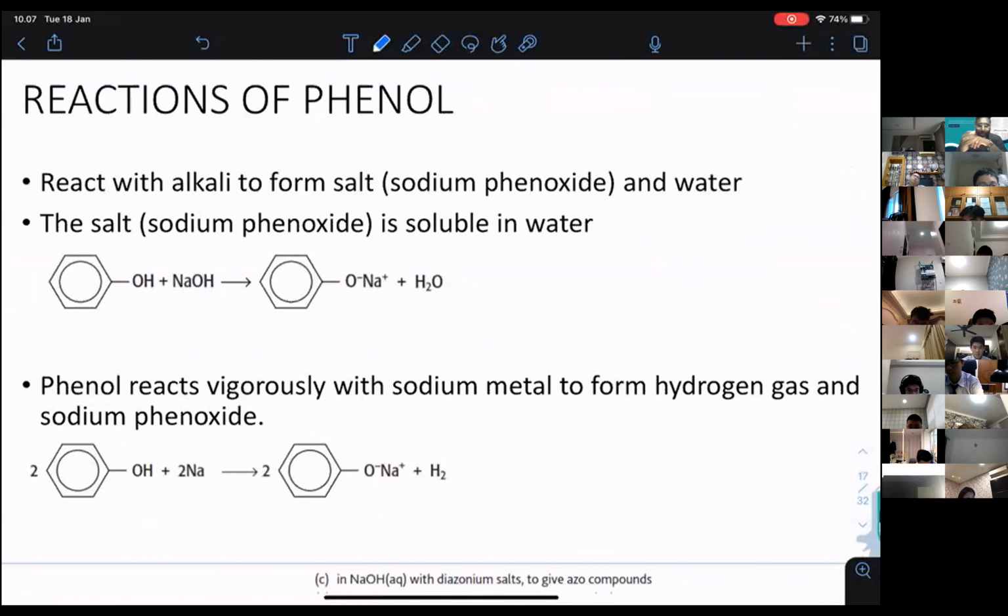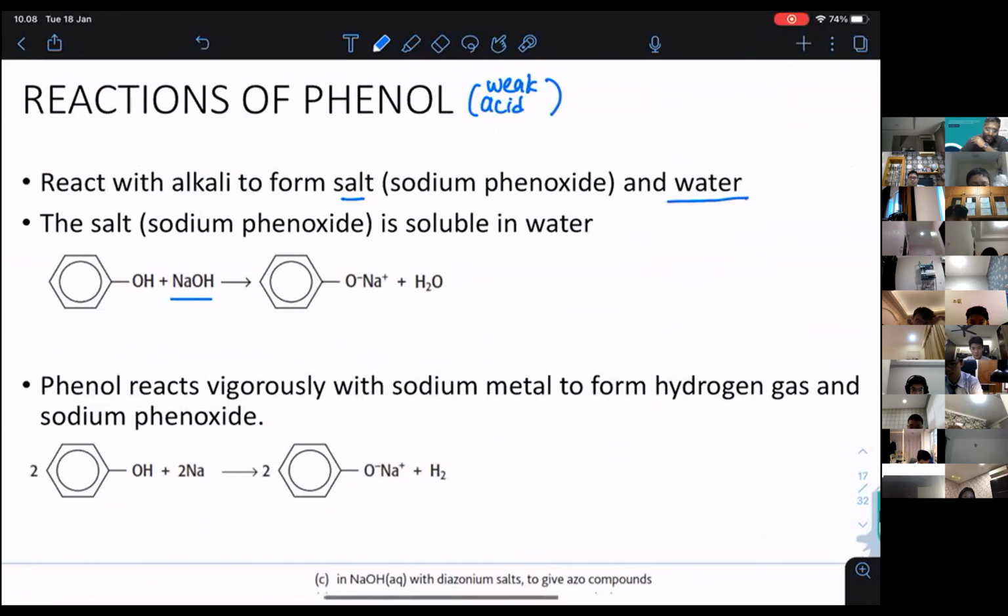Phenol generally, I told you, is a weak acid. So it will undergo all the reactions that a weak acid is supposed to undergo. For example, it will react with sodium hydroxide. Acid with alkali will form salt and water.